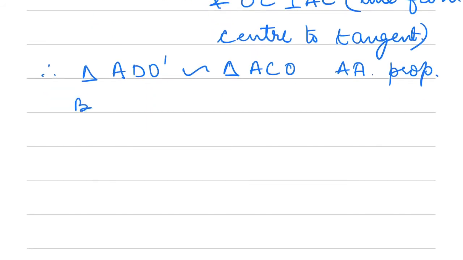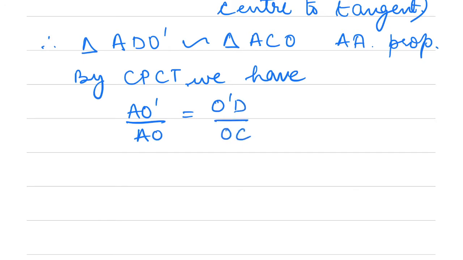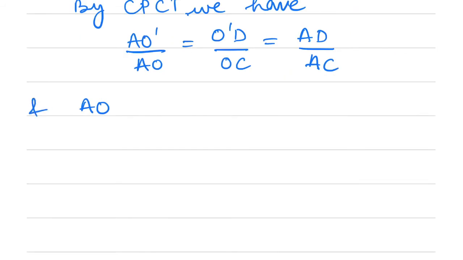So by CPCT, we have AO dash by AO is equal to O dash D by OC is equal to AD by AC, and AO dash is equal to R and AO will be equal to 3R, because the diameter of one circle and radius of other circle, so 3R.